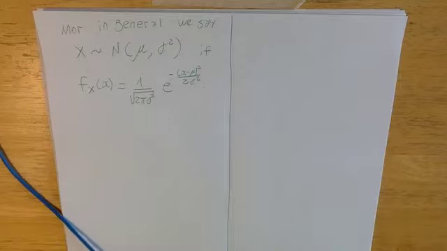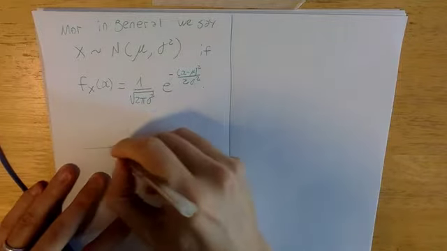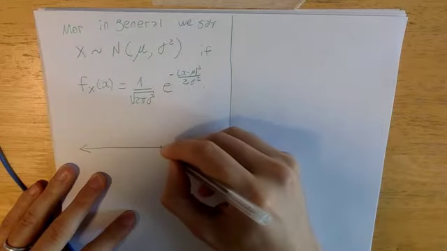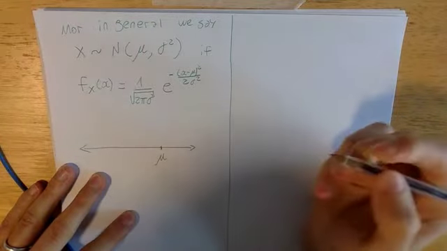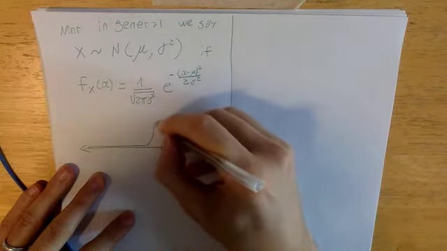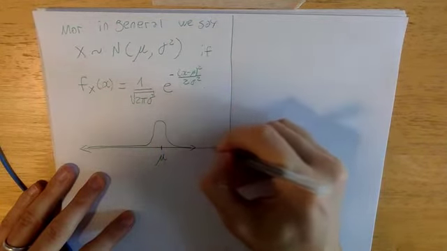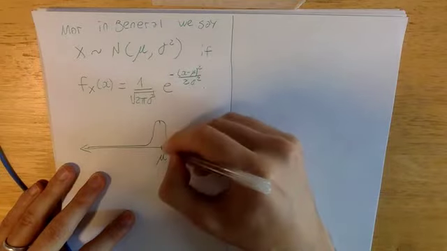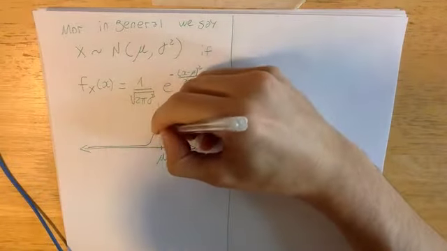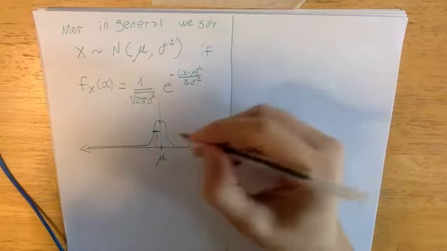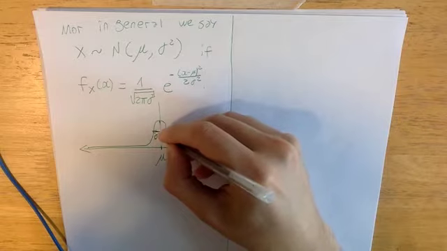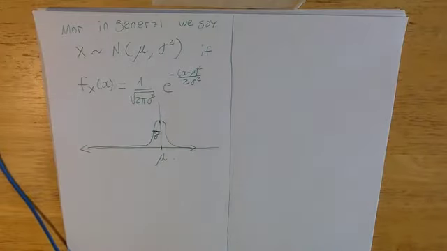Okay, and if we do the same picture as we did before, here we would have mu. This doesn't look that symmetric, but it should be symmetric around mu, and this change of concavity to convexity would be at sigma.